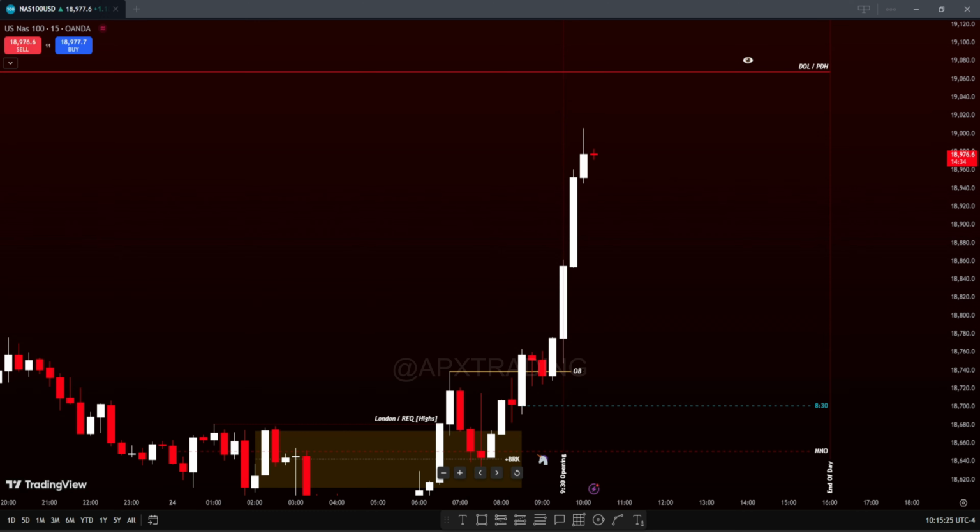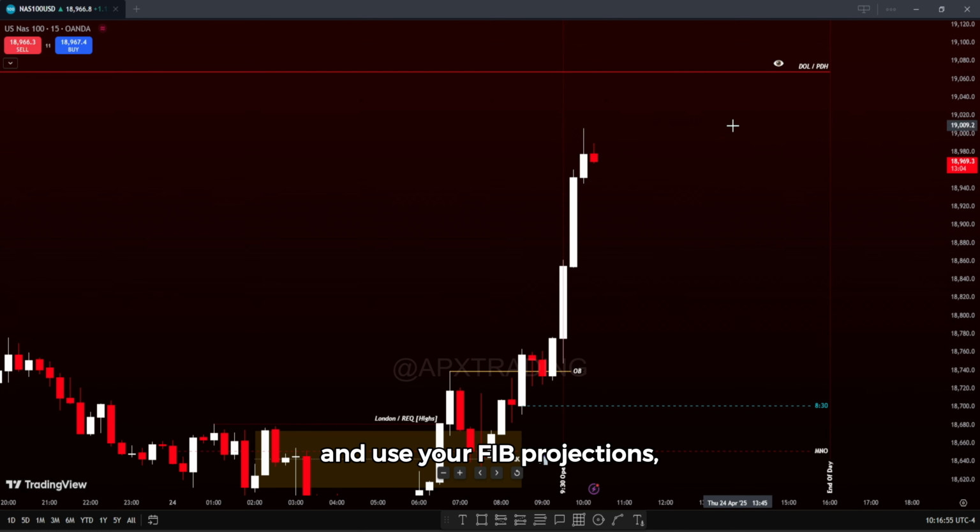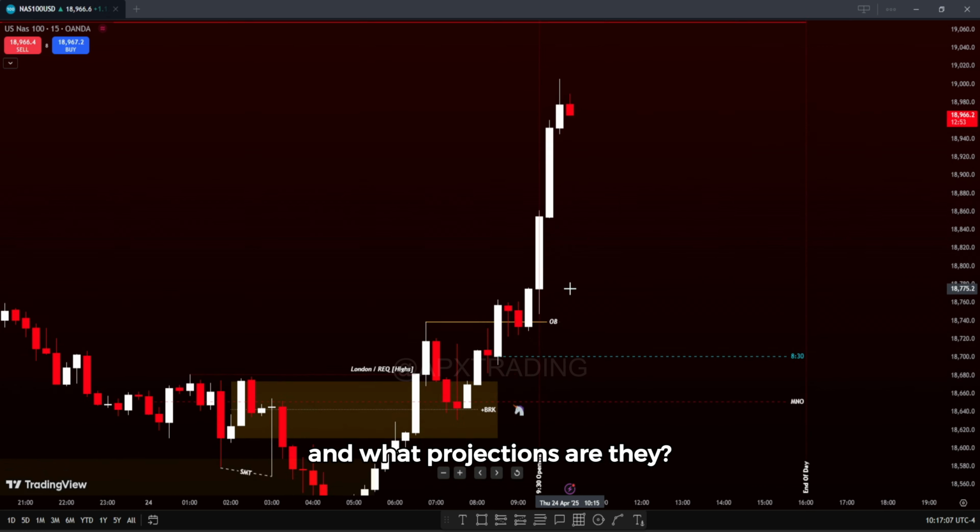That low up to that short-term high, so the low at 14:30 time or 2:30 to the high formed between 2 o'clock and 2:30, if you take your fib and anchor it to the low all the way up to that high and use your fib projections, and what projections are they?